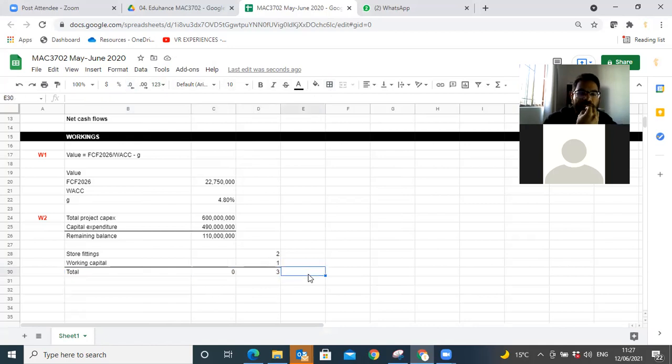Store fittings, 50% of working capital. Yeah, I think it must be like this. We'll see if it comes out right.